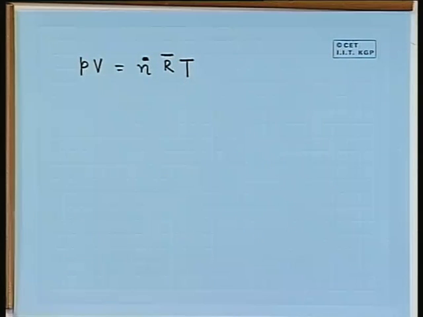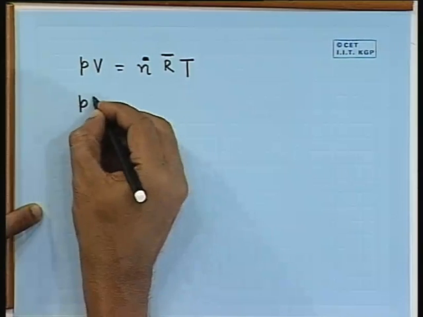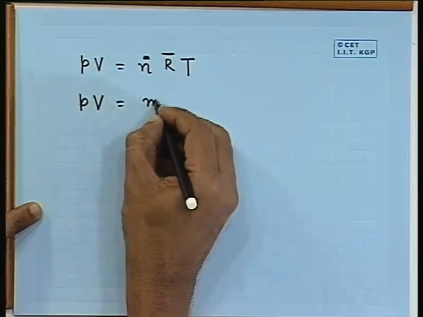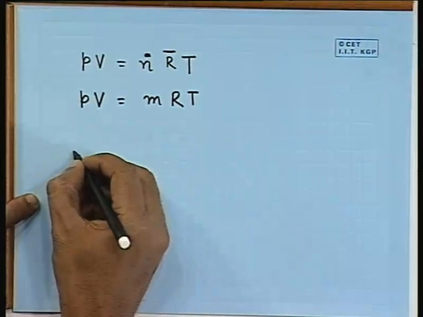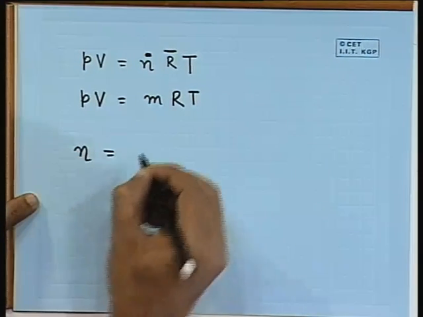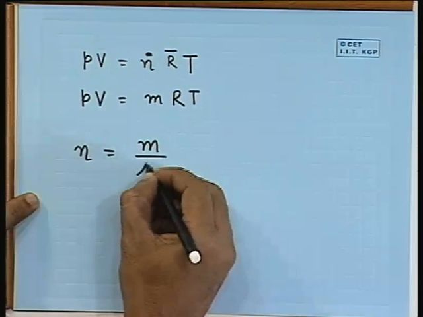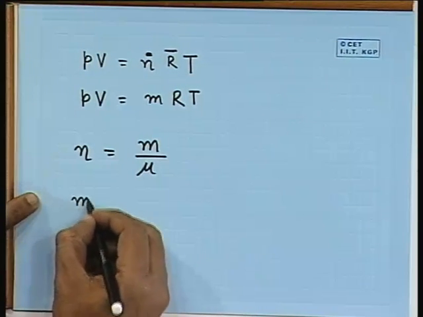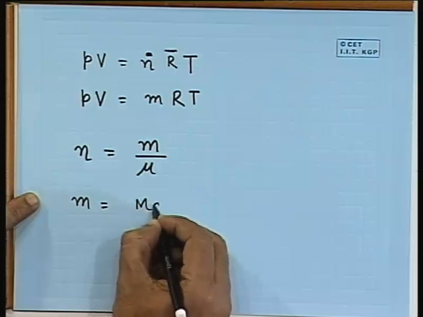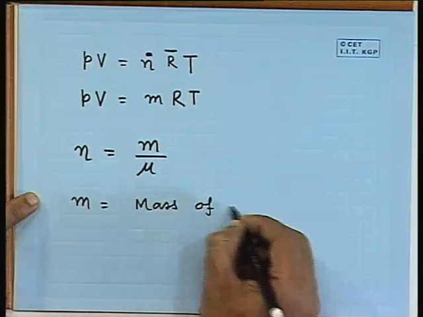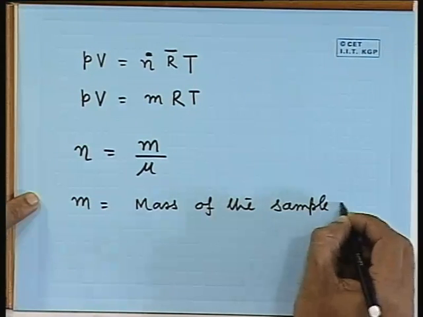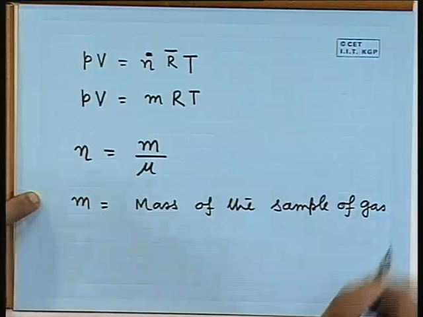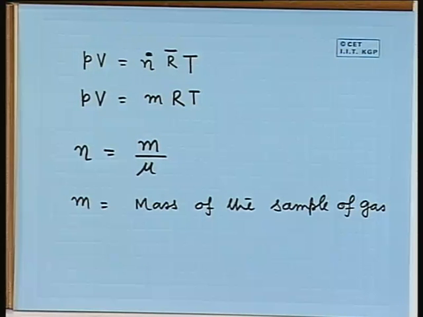This can be rewritten in this form: PV is equal to mRT, where n I have replaced by this formula m by mu. M is the mass of the sample of gas, the gas which is confined in this piston cylinder arrangement.